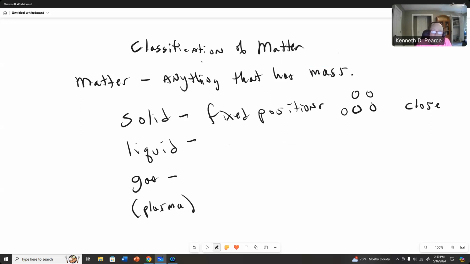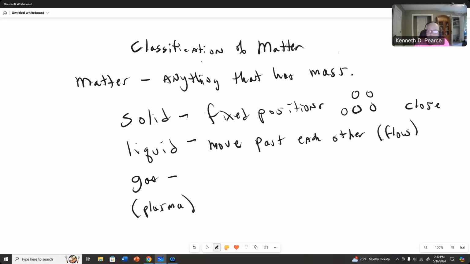Now, liquids can move. In other words, they're not fixed positions. They can move past each other. That's called flow. In other words, water flows.